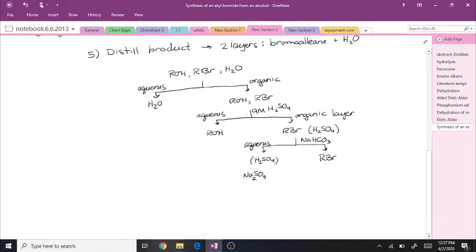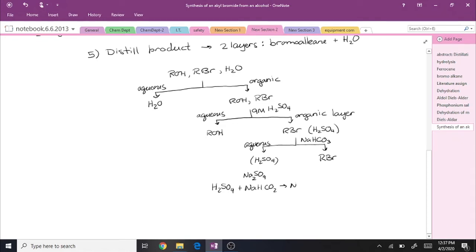But again, we're discarding this. One caution when you're doing this reaction, or this particular washing step, is that the sulfuric acid and the sodium bicarbonate will react.